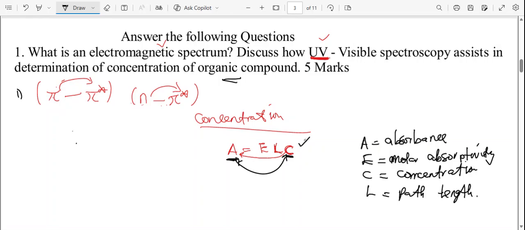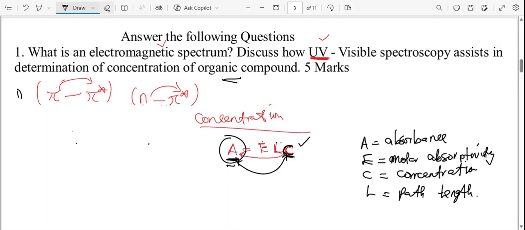So we'll determine the concentration using the absorbance, because we'll see the absorbance of the molecule, and we'll be able to say the concentration was this much. The other terms are kept constant, so what varies is the concentration and the absorbance of the molecule, which is just a direct proportion. I hope you are getting the information that I'm trying to put across.